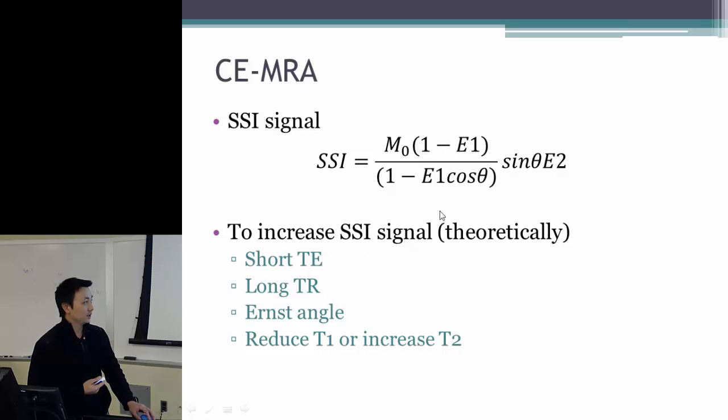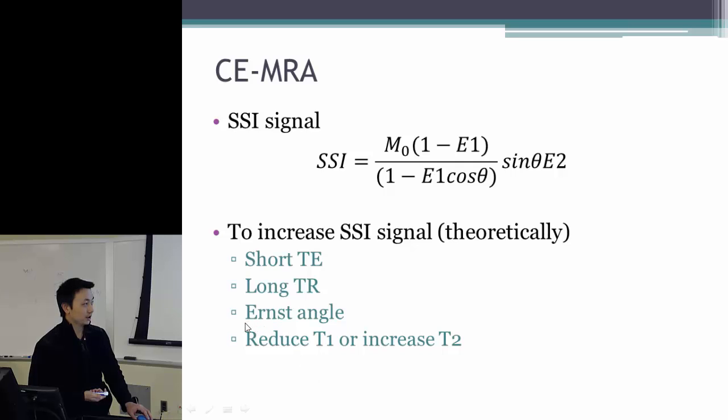So to increase the SSI signal, from a theoretical point of view, we can use a shorter TE so that there will be less T2 or T2 star decay. We can use a longer TR to reduce this term.